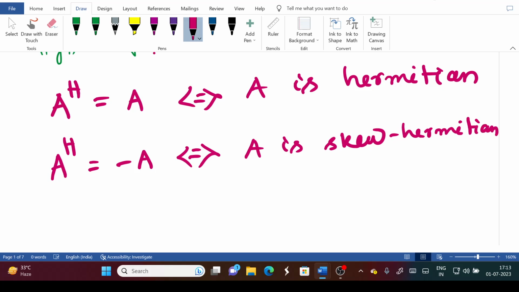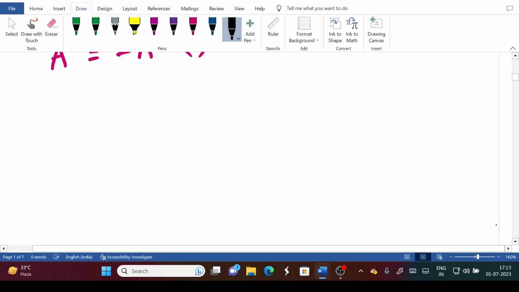Okay, so let us find out some examples of Hermitian and skew Hermitian matrices.